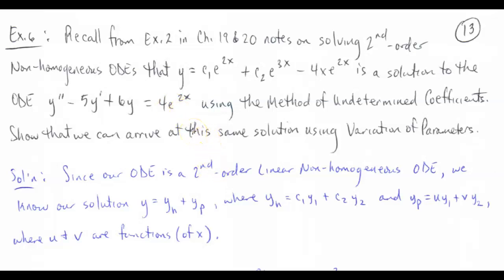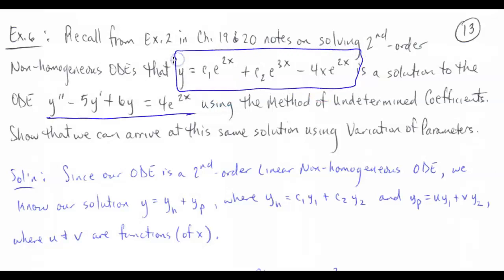Okay, so this was our problem that we originally had, and we found that the solution to that particular equation was this. All I'm trying to do is show you that we can get the same thing by using variation of parameters.